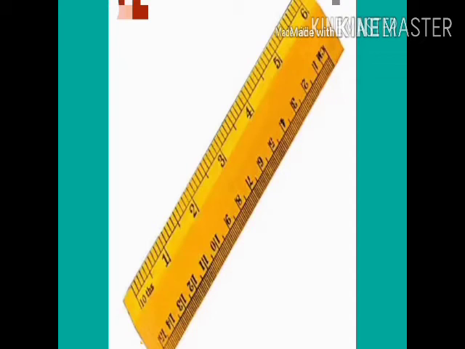We need a proper scale for that. This scale is accurate to a millimeter, so I cannot go beyond that.